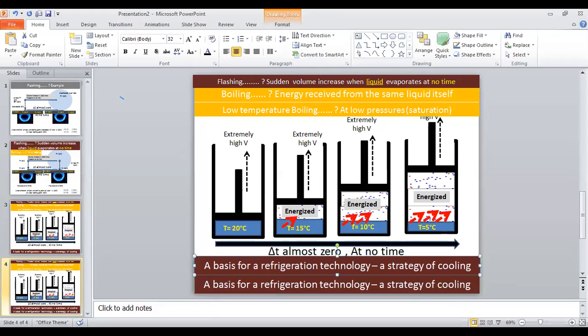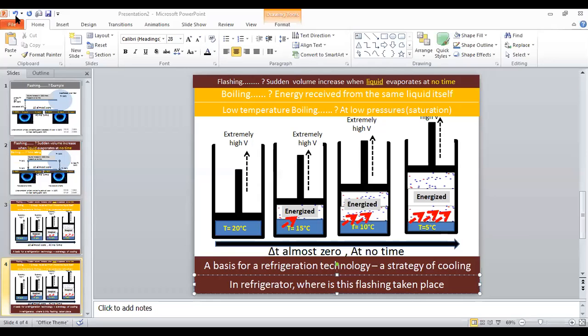In a refrigerator, where is this flashing taking place? Okay, so this is the question.